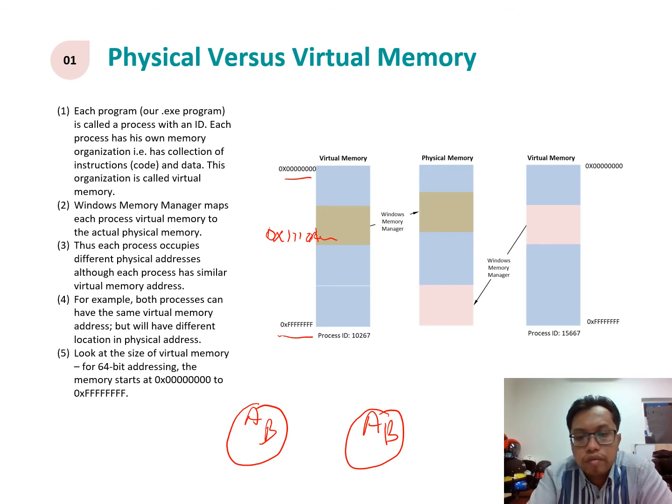But when we want to use the real address, it will map wherever space is available. The Windows Memory Manager will decide where to save the memory for your program. That's why it's different. Each occupies different physical addresses, although they have a similar virtual memory address. I hope you understand.